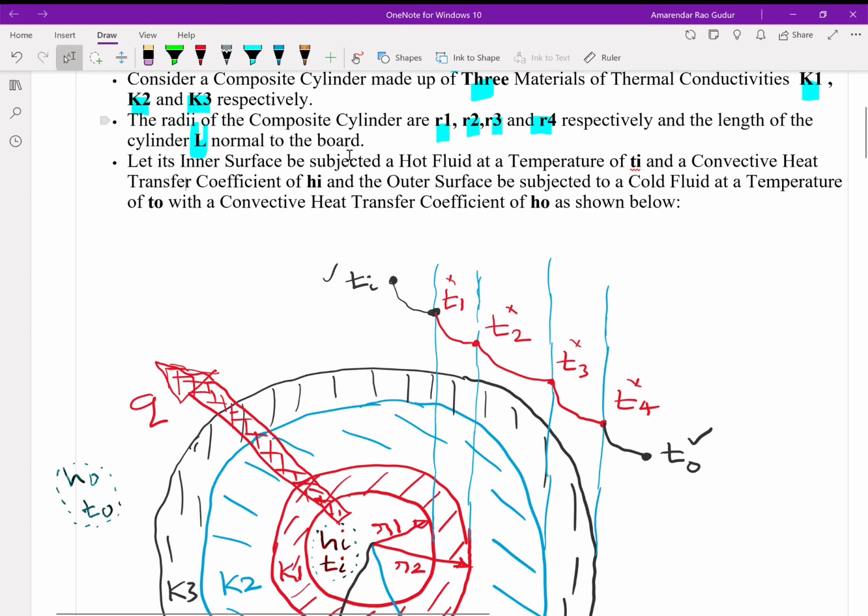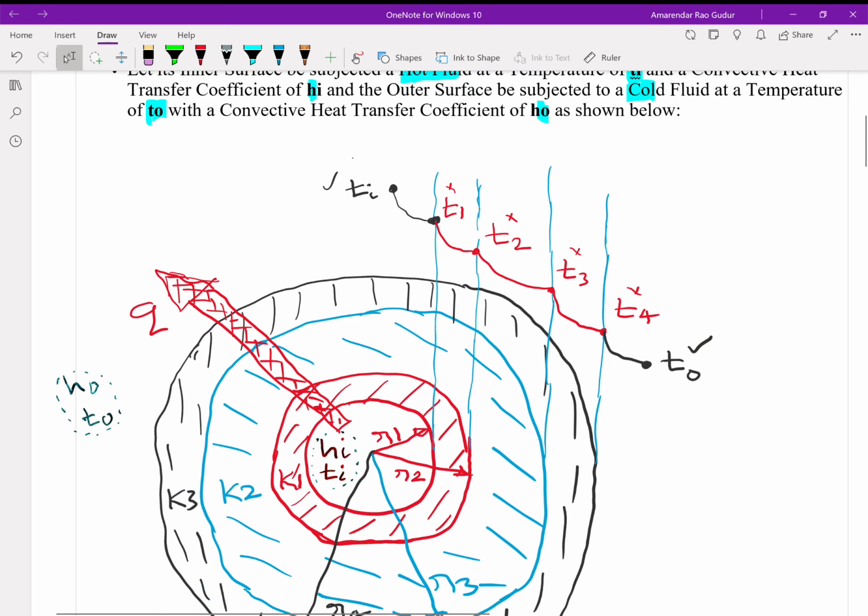Now we presume that the inner surface is subjected to a hot fluid, so that there will be heat transfer in the positive radial direction at a temperature of Ti with a convective heat transfer coefficient of Hi. And the outer surface is subjected to a cold fluid like air or coolant, at a temperature of T0 with a convective heat transfer coefficient of H0. So that we are going to experience heat transfer radially outwards.